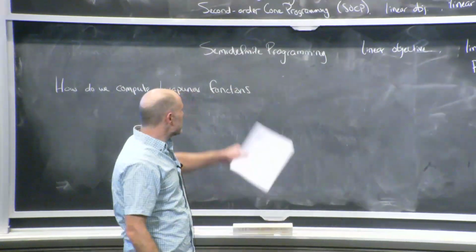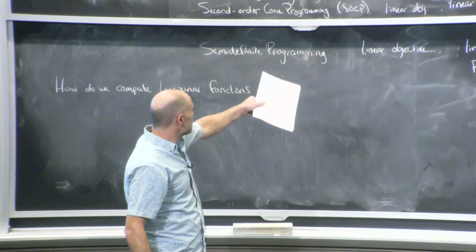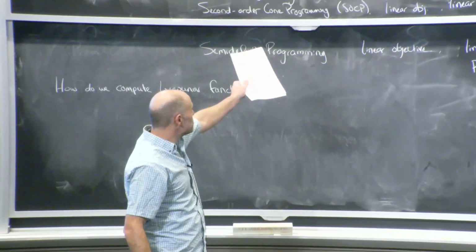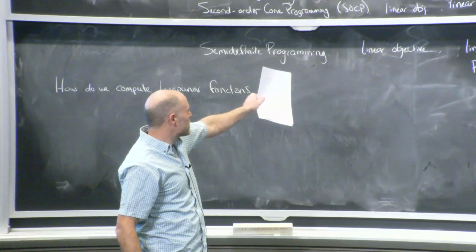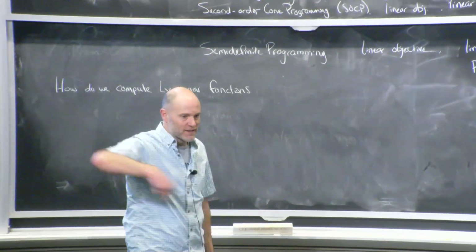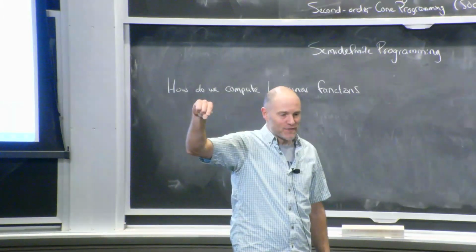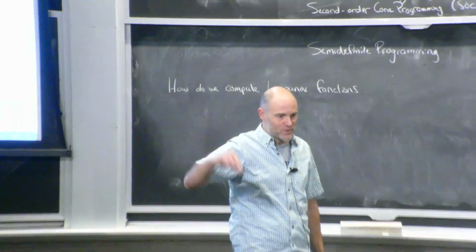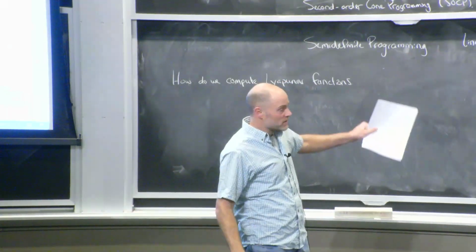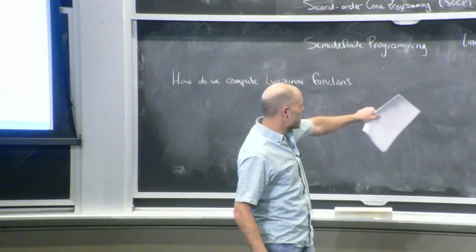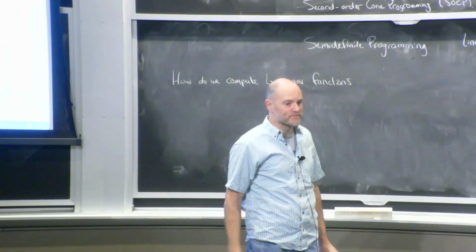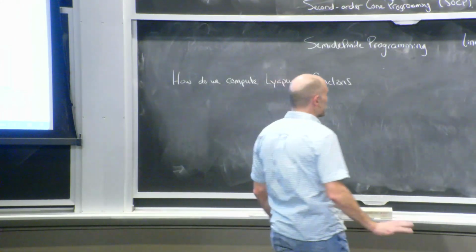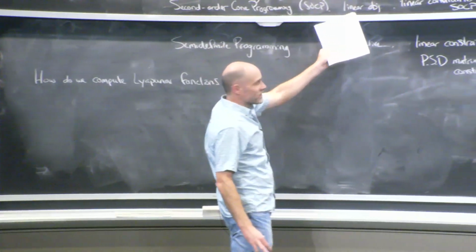But actually, any QP can be solved as an SOCP if you wanted, because you can always take the quadratic objective and put a slack variable in and solve it as a second order cone constraint. So it's actually a strictly bigger class. And similarly, semi-definite programming can eat second order cone programs and everything above it. But by convention, when you call a solver, you only handle linear objectives.